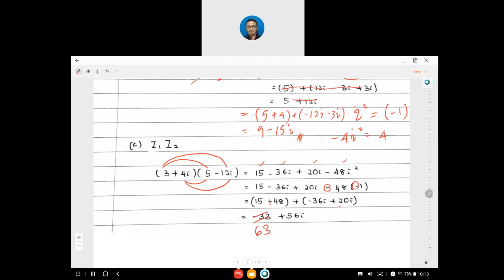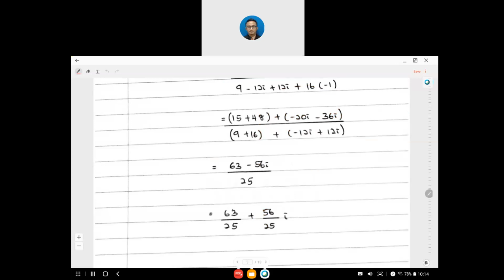Okay, 63. And then that one, negative 36i plus 20i, so this one becomes negative 16i. So this is the final answer. Okay? Any problems? Okay. Next.